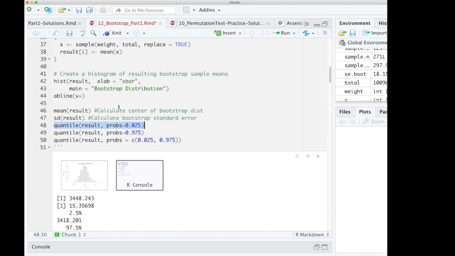I could either type the value or type it like this. Let me make this one red, shade it, and make it thick. That's all those things are doing.